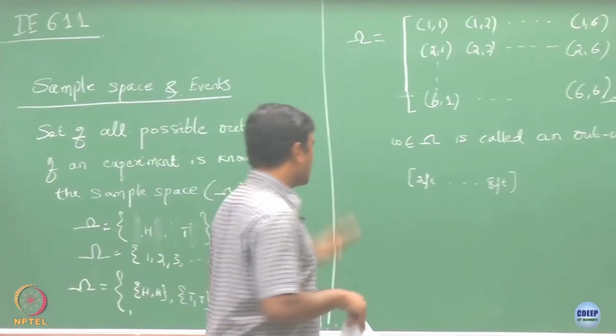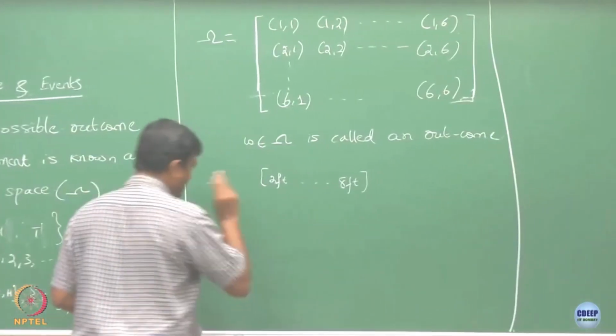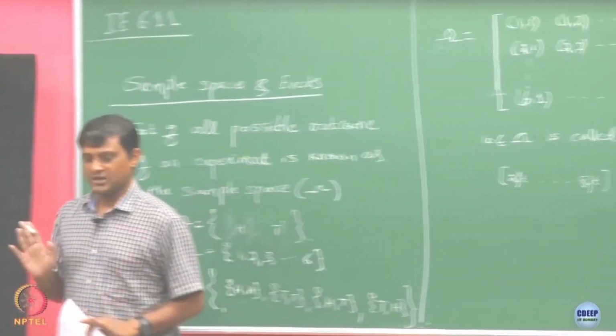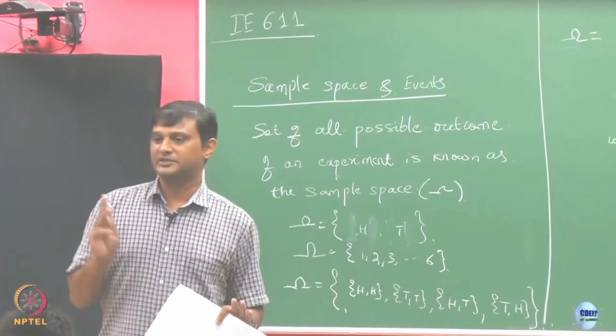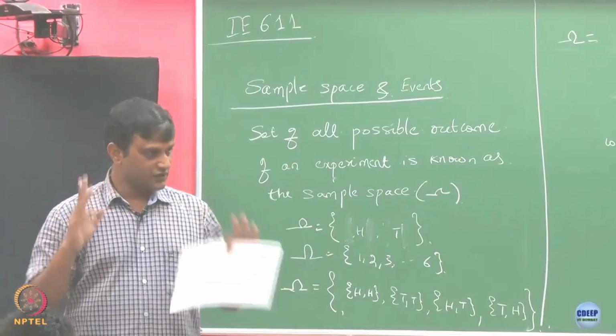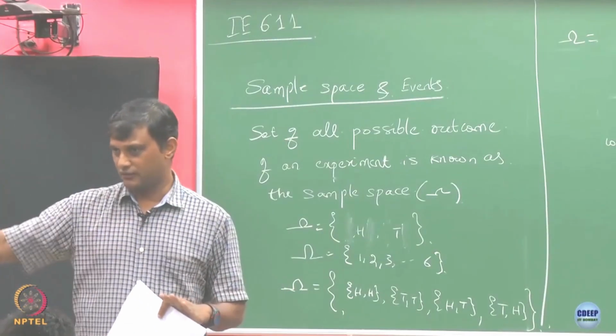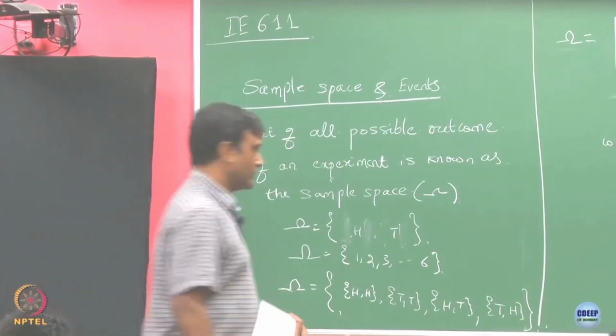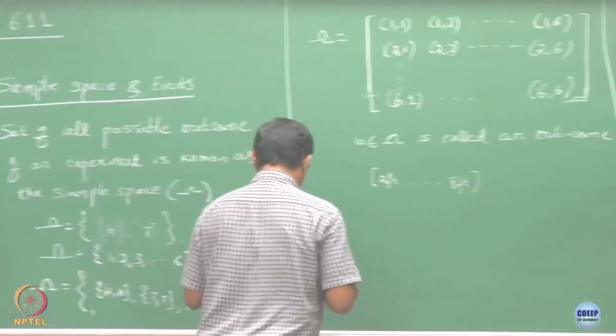So whenever it's possible, we just enumerate them, but sometimes I may just say, okay, this is a sample space, but that sample space may be abstract. We may have its visualization, but we may not write it formally on a paper or on a board.